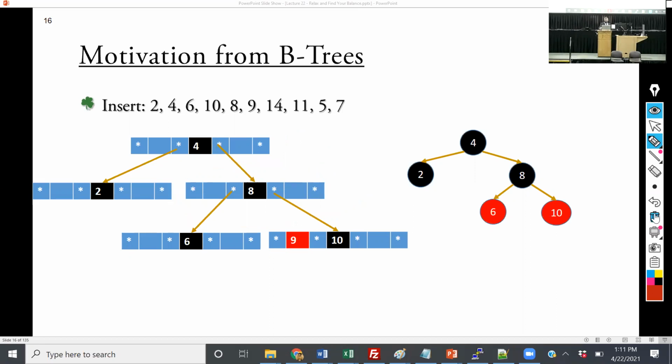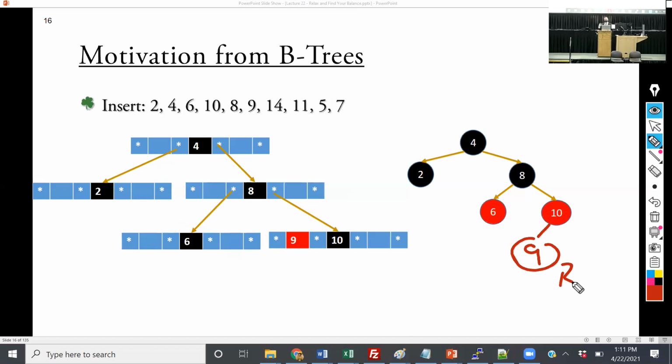So what we're going to see here now is that 8 is going to be red, so it's going to be 4. We're going to change this color here, and we see that 6, when it split, was put in the middle, so now that's black. And 10 is new, that's black. 9 is the new one, so 9 is red. And we see that when we put 9 here, 9 will become red.